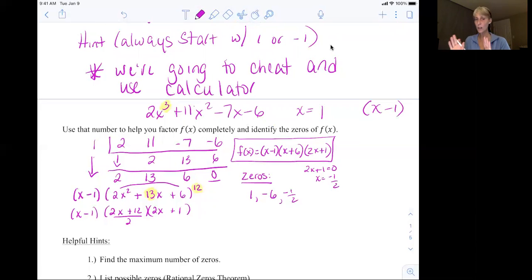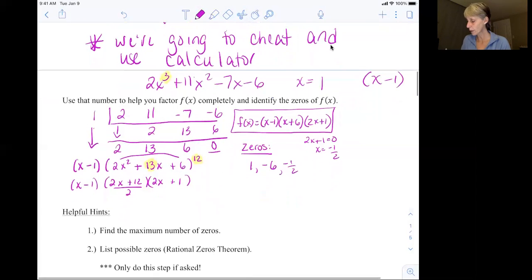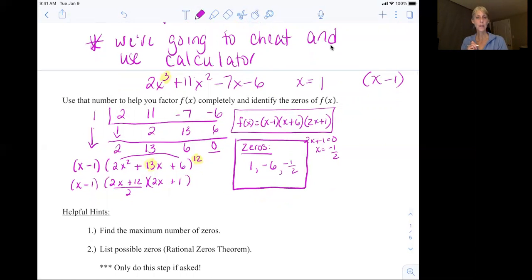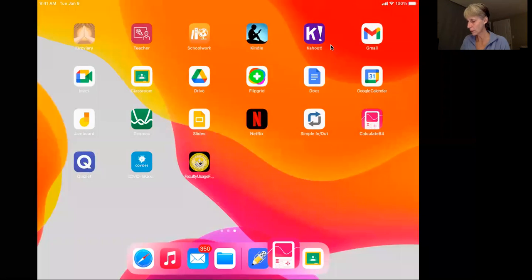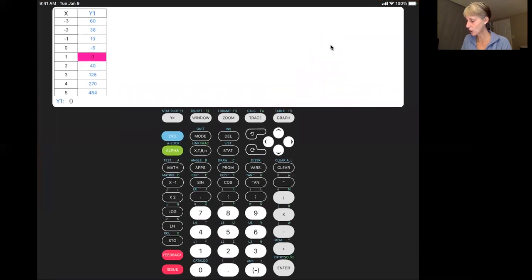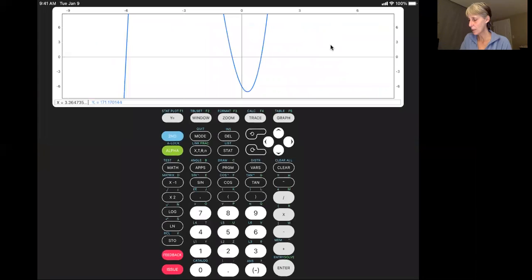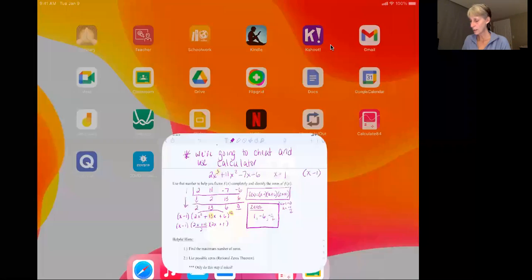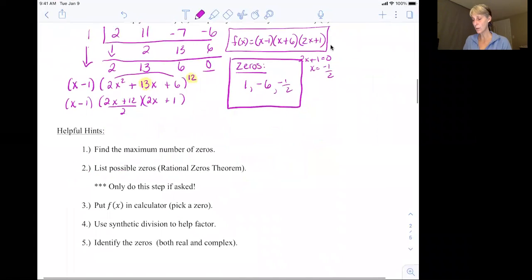Sometimes they're going to be imaginary. That's okay. I have 3 zeros on my list, so I'm completely done with this problem. I have my factored form and my list of zeros. Let's go back to the picture really quickly. If we look at our graph, we kind of match. That's my 1, that's my negative 1/2, and that's my negative 6.